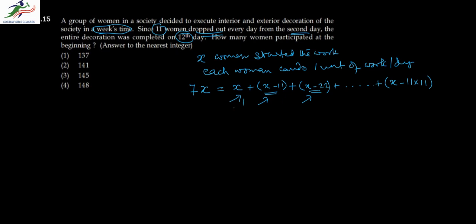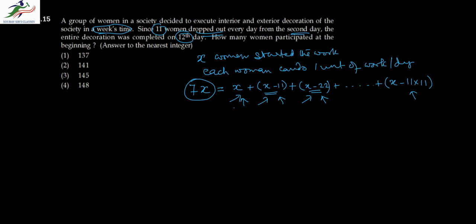So this is the total amount of work done. On the first day X amount of work, on the second day X minus 11, on the third day X minus 22, all the way up to the 12th day where X minus 121 amount of work gets done, and the total work is equal to the total work that we calculated, which would have been completed by X women in 7 days. So 7x is the total amount of work, and this equates to the work done in this order.